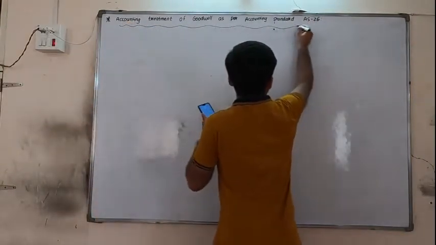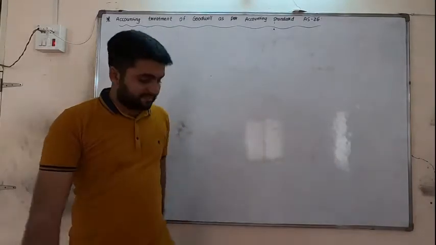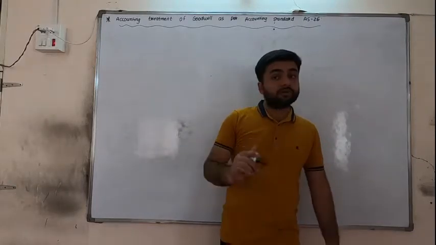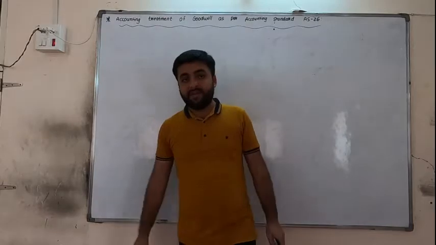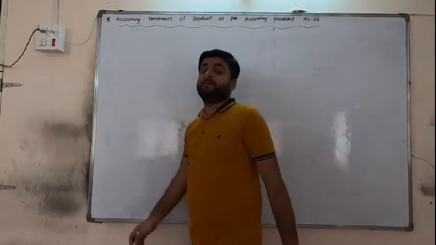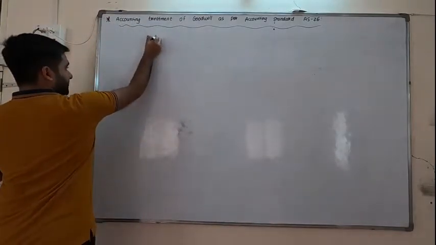What are these accounting standards? I have explained in 11th standard. When you were in 11th standard, I explained that accounting standards show the format or the rules of how to record the transactions in accounting. Now AS 26 shows the accounting effect of goodwill. Okay. Now making a paragraph and writing.